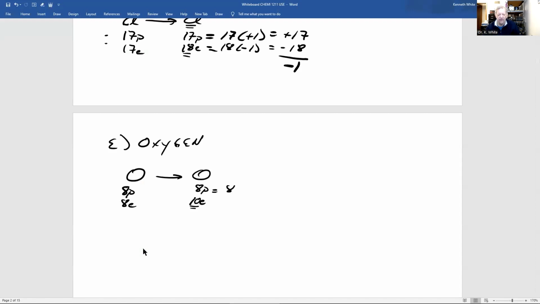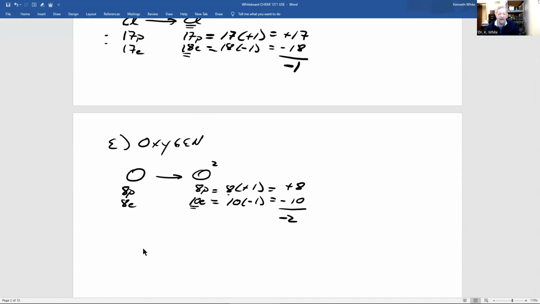Now, each proton has a +1 charge. We have 8 of them. Each of the 10 electrons has a minus 1 charge. Do the multiplication, +8 minus 10. Add that together, you get a -2.